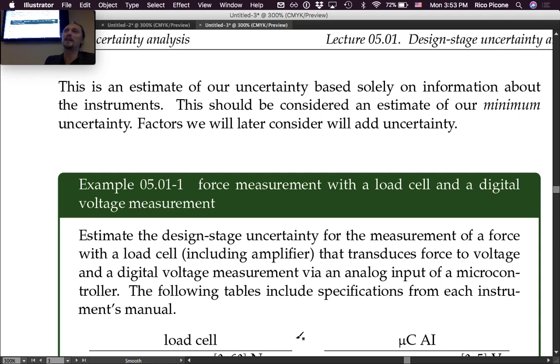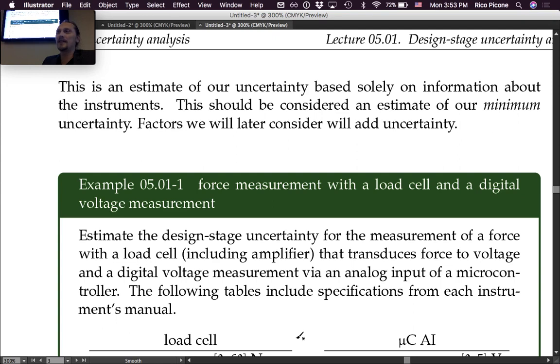I mean, it really sucks if you go through and design this whole measurement system, and you get to the end and you realize, oh, this was never going to work, right? Like there was no way this could work. If I had just done my design stage uncertainty analysis, I would have known that. So for instance, maybe you need to know what the weight of something is within a certain bound.